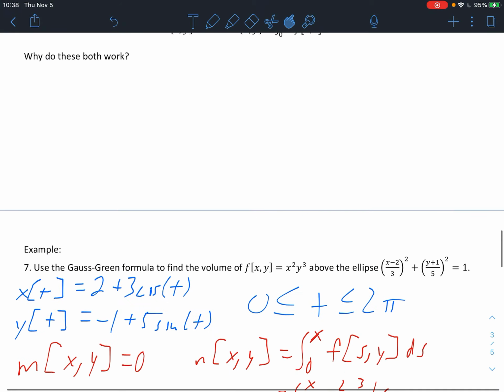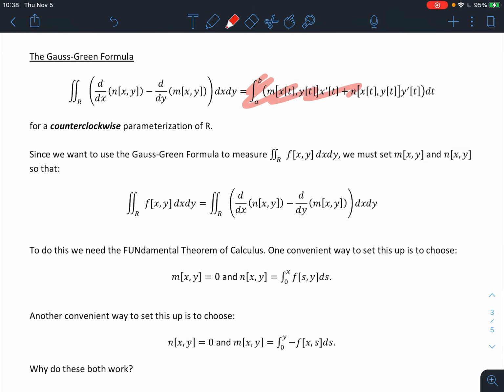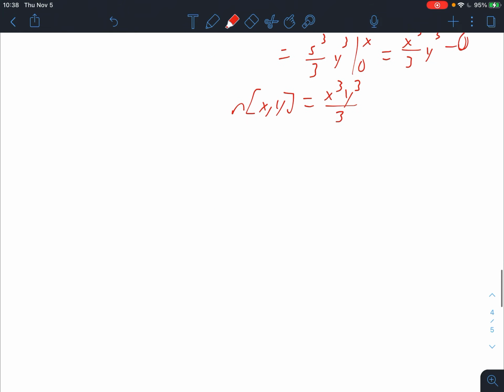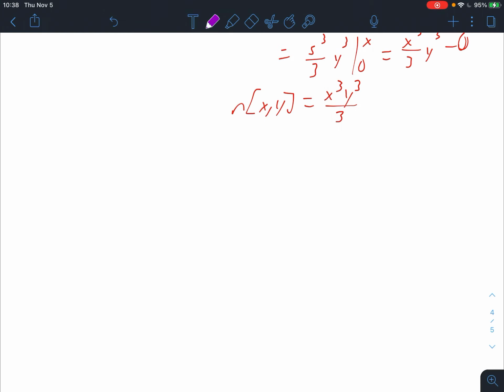Now we can use the Gauss-Green formula, which is this integral right here. I'm just going to first copy that down so we can see where everything goes in our function.